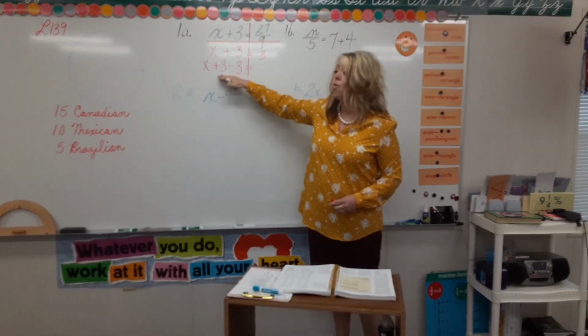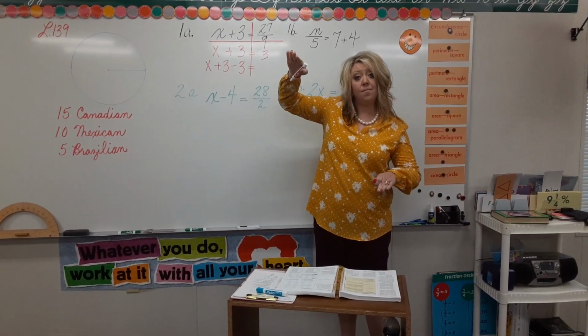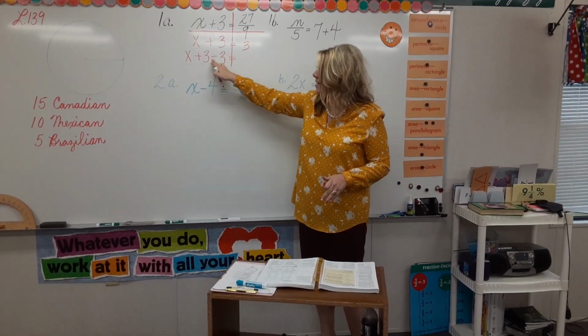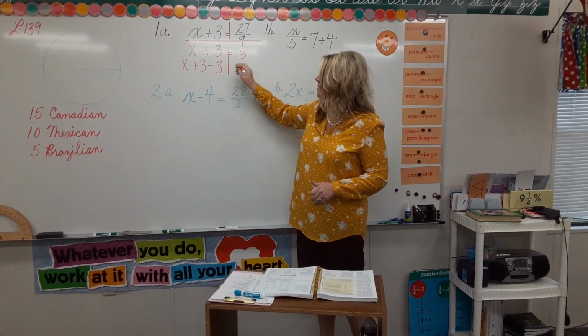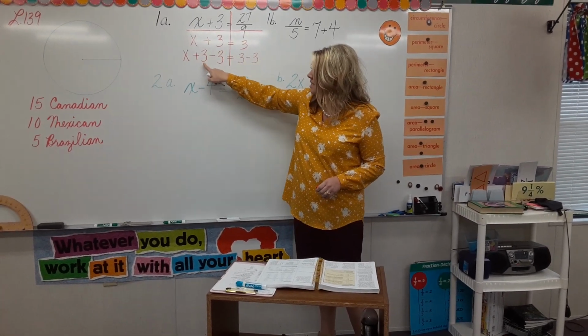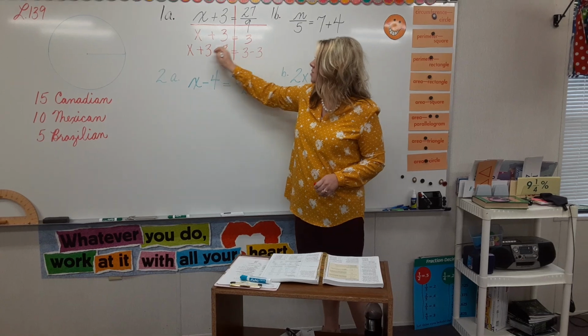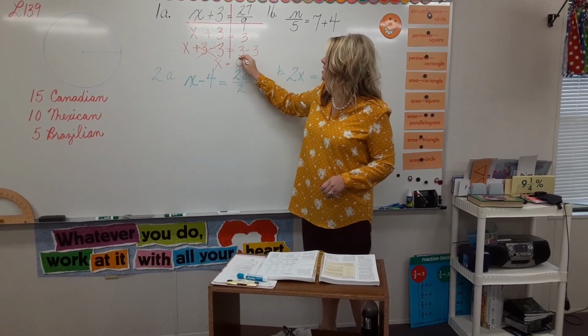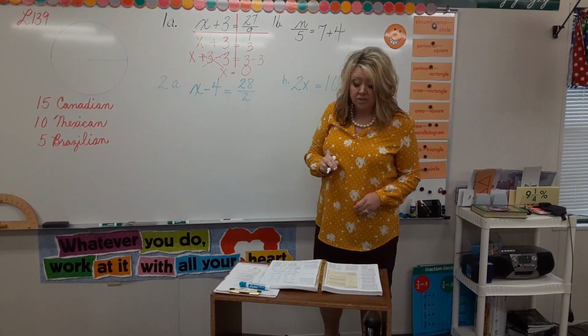Now, right now, our equation is unbalanced. We have to balance it by doing the same thing to this side. So I subtracted 3 on the left side. I want to subtract 3 on the right side. This positive 3 and negative 3 cancels out, which leaves us simply x equals 0. And that is your answer for 1A.